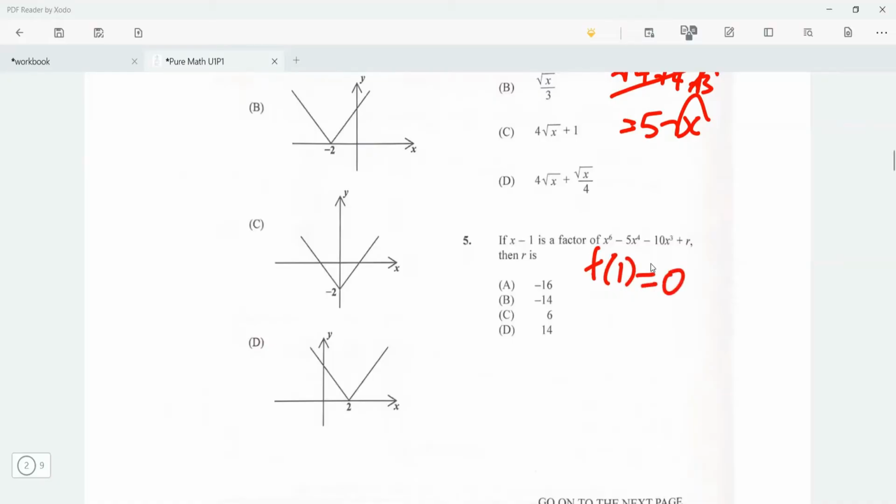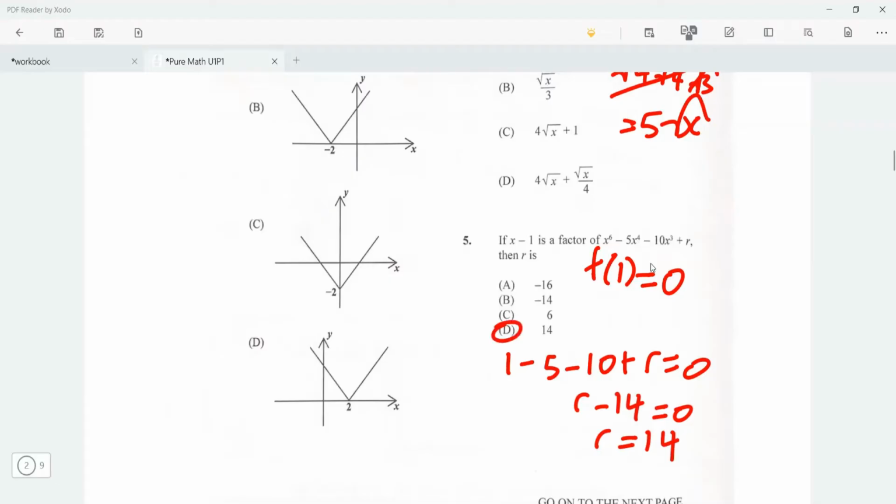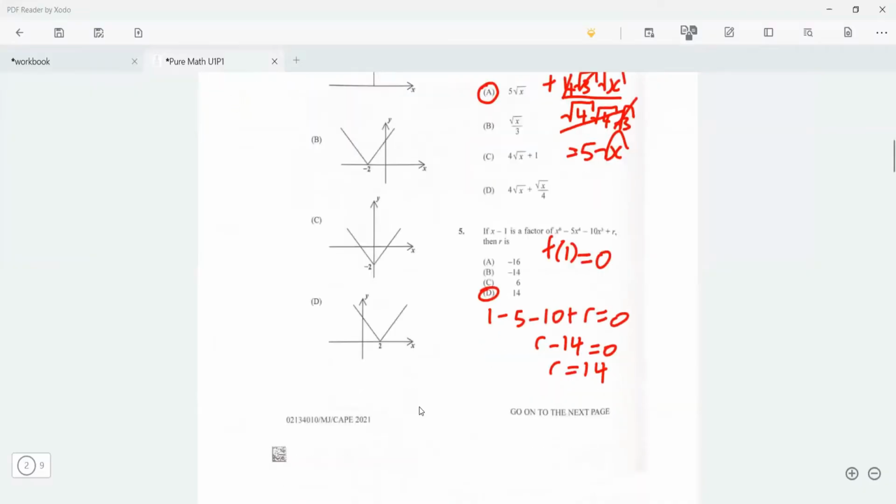Putting in 1 here, we're going to get 1 minus 5 times 1 is 5, minus 10 times 1 cubed is 10, plus R equals 0. 1 minus 5 is not minus 6, that's minus 4. And minus 4 minus 10 is minus 14. So we get R minus 14 equals 0, so R equals 14. That's option B. Nice. That takes care of the first 5 questions.